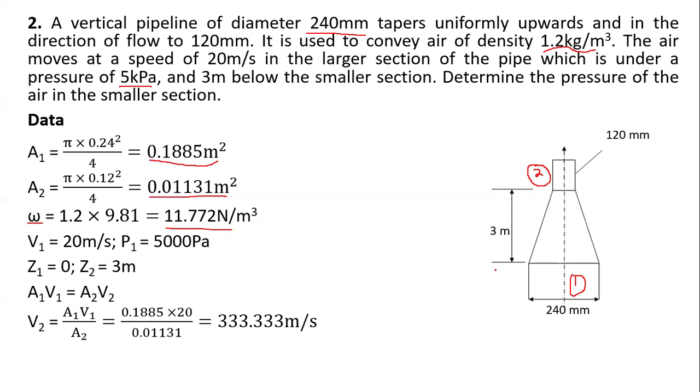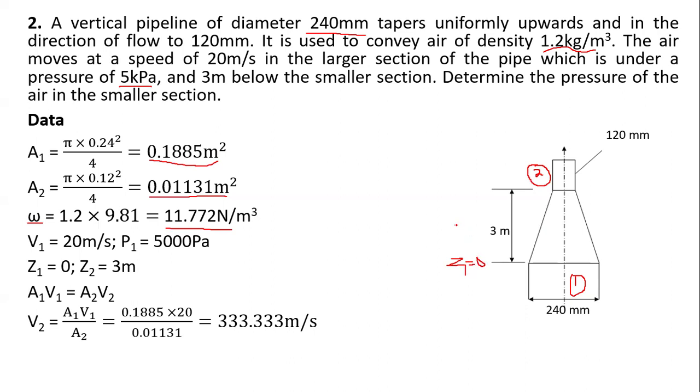Now, the other one is Z. This is below the other one. To get this, we measured this height from here, representing that this is our Z1. Where the larger section is, that's our Z1, representing 0.